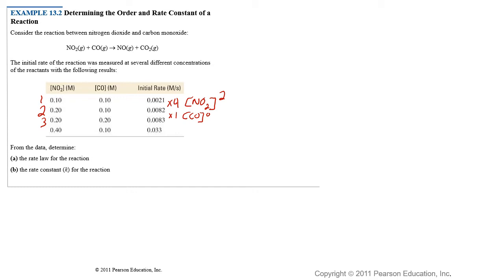Alternatively, we can do this mathematically, where we compare the rates mathematically. I'll show you how to do that. We take the rate of experiment 1, and we use the rate law.